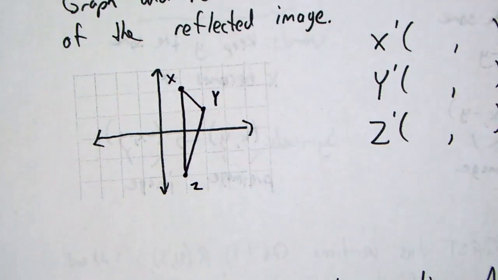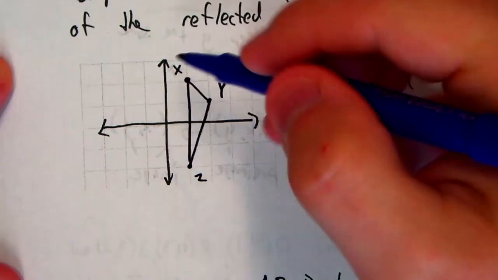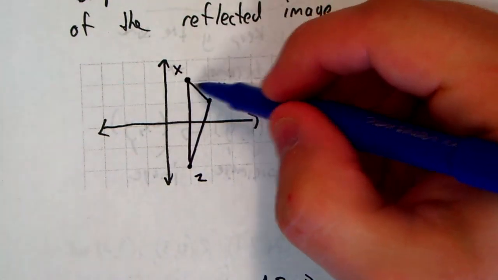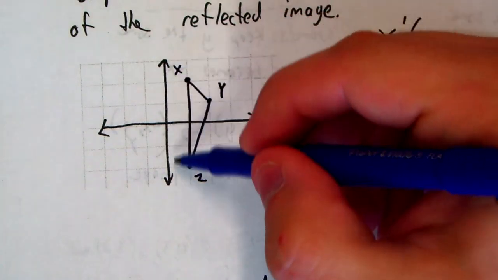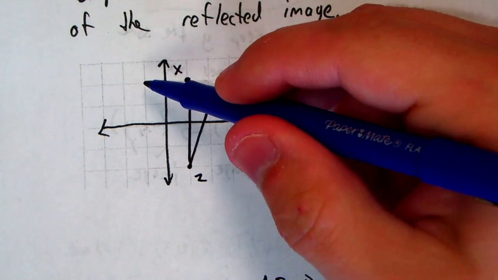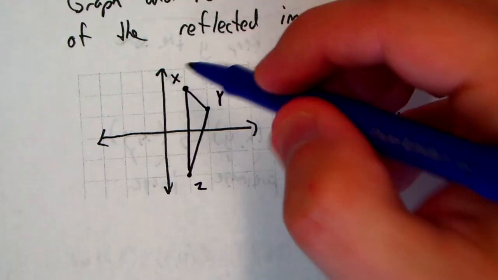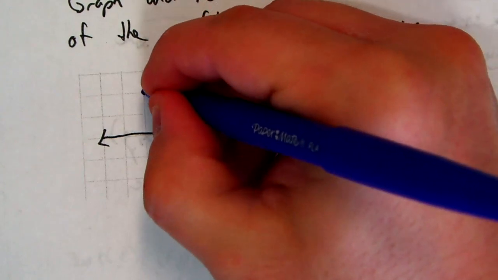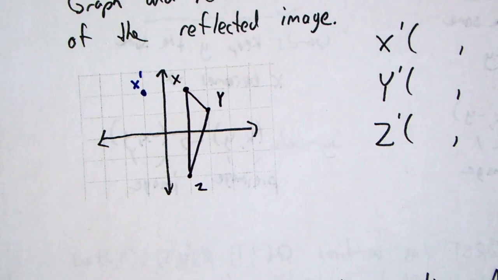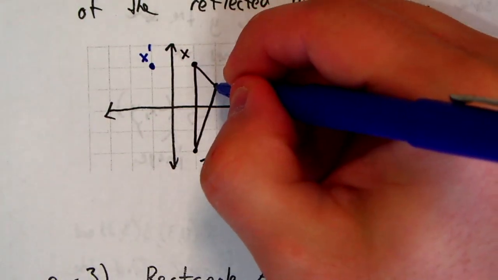Now it says to reflect over the y-axis. This here is the y-axis, the vertical one. So same thing we did in example 1. We're going to count how many spaces away each of the ordered pairs is from this axis, and we're going to go in the opposite direction. So X is 1 to the right. So X prime would be 1 to the left. Y prime is down here and it's 2 to the right.